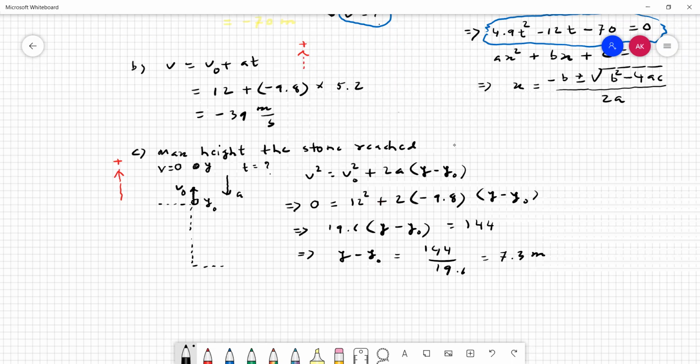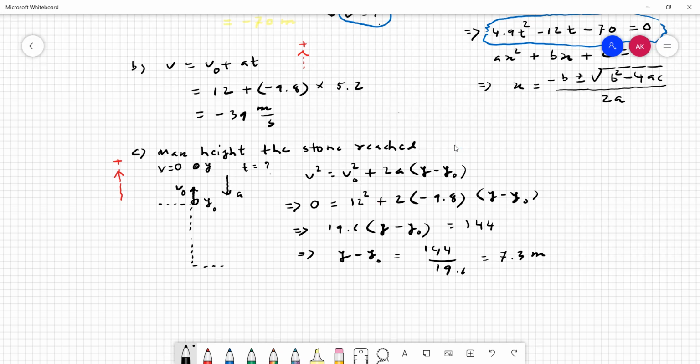So we found the 7.3 meters is the distance from the top to the maximum height. Is that clear to you? Okay. Then the stone is coming back, and then it will come back to the same top of the cliff. So it will travel another 7.3, but then it is going to go down by 70 meters to reach the ground.